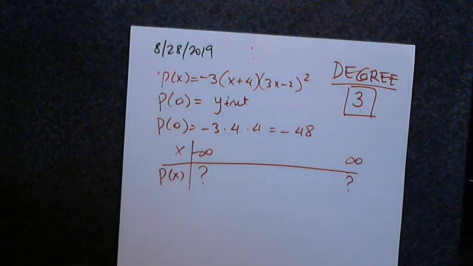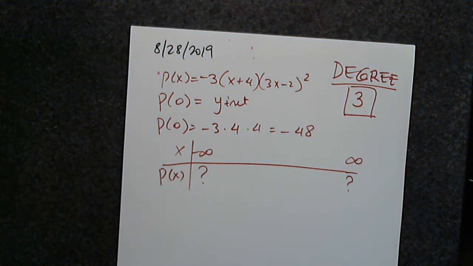A polynomial function of degree 3 has the following two options. Like the linear function: if it has a positive slope, it looks like this. If it has a negative slope, it looks like this. The same thing for any odd degree. So a degree 3 function, like the first degree, either comes from negative going positive, or comes from positive going negative. One or the other. There is not a third option.